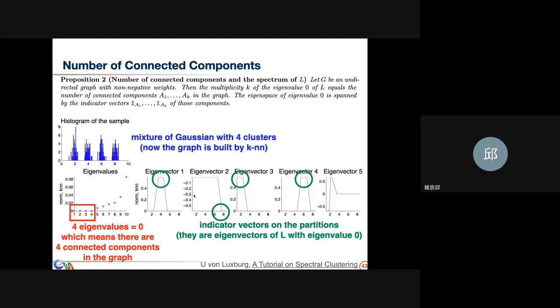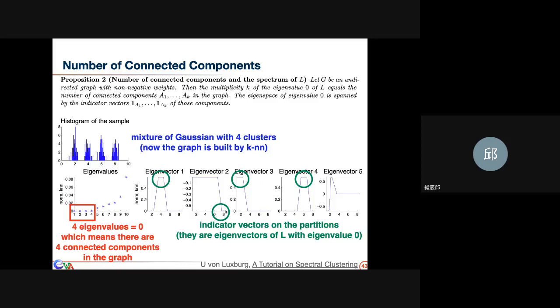You might be confused about why the second eigenvector looks this way, but it's quite easy to understand. All the elements around value 8 have the same value 0, and all the others have another constant value.